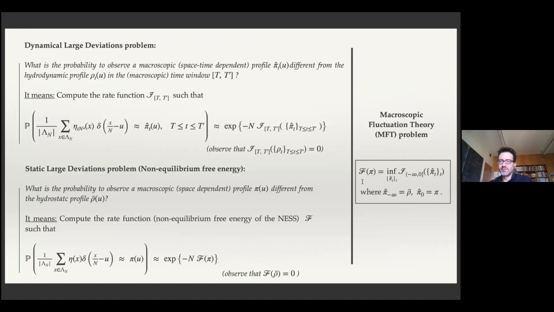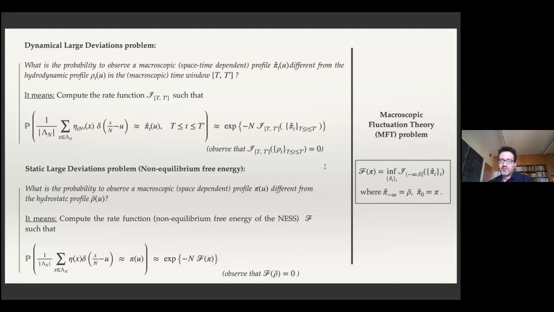So this is a motivation which has been developed essentially for diffusive systems, with many improvements in many directions. But the long-term project is to develop an equivalent theory for systems which are superdiffusive, in which the typical hydrodynamic equations are not given by a diffusion equation, but by a fractional diffusion equation.